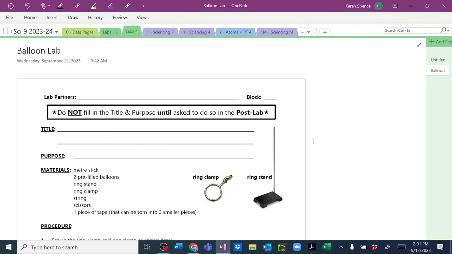We will be working at chord 3. Okay? All right, so every individual person is going to get a copy of the lab.